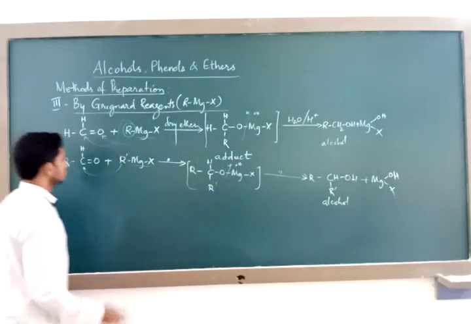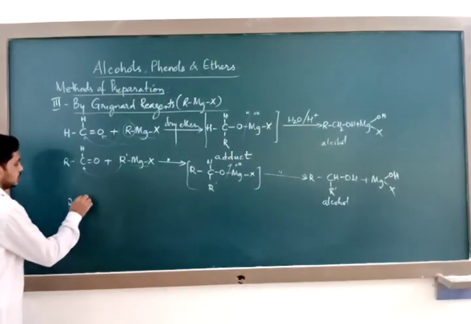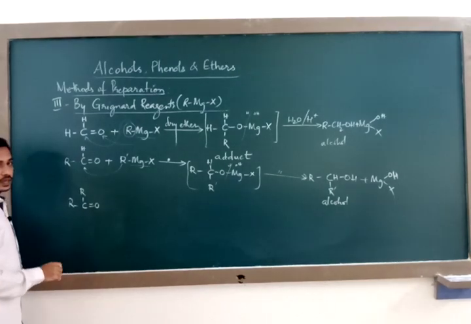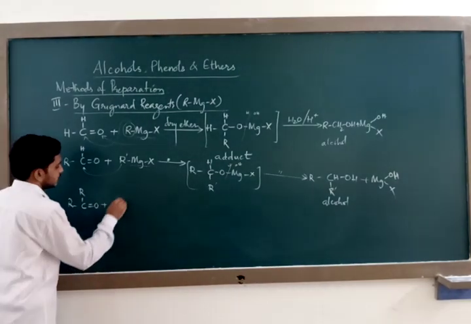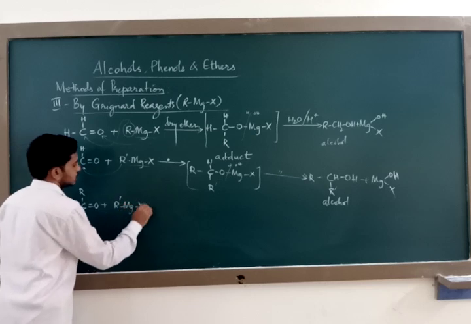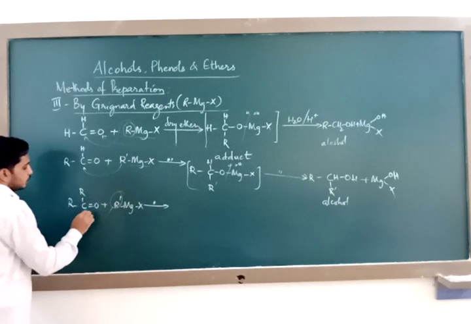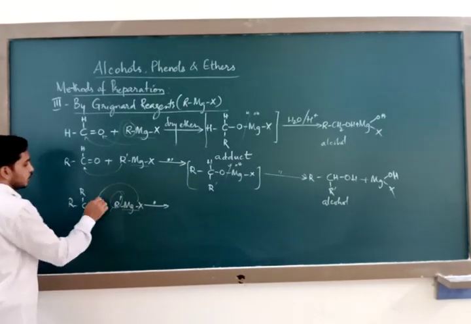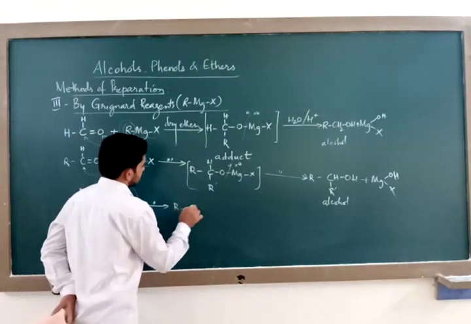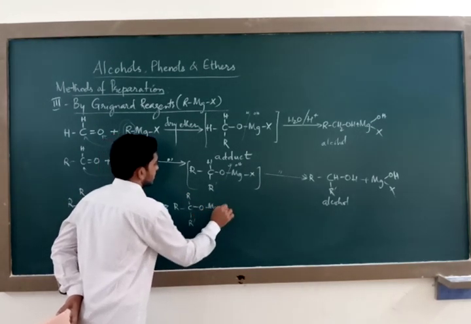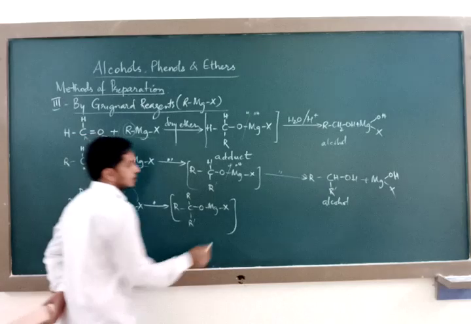This also is an alcohol. Now choose any ketone, RCR, C double bond O, write in this form. React this with a Grignard reagent RMgX in the presence of dry ether. Attach R to the carbon and the remaining part to oxygen. Then you will have RCRR'OMgX, an adduct.